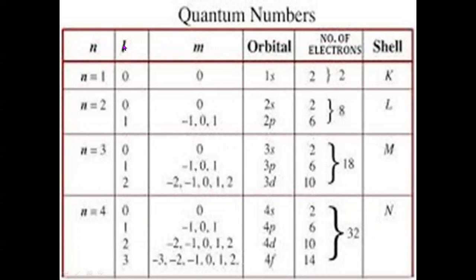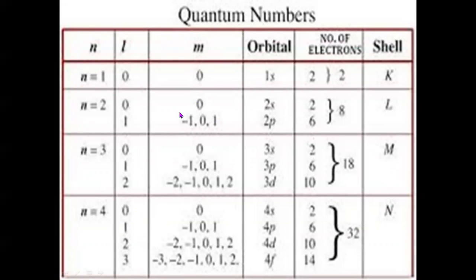Coming to the second value of l, that is equal to 1, we will have the values for m, the magnetic quantum number, as -1, 0, 1. That is, when l is equal to 1, m will have three values: 2 into 1 plus 1, 2 plus 1 means three values. These values start from -1, 0 and end at 1.